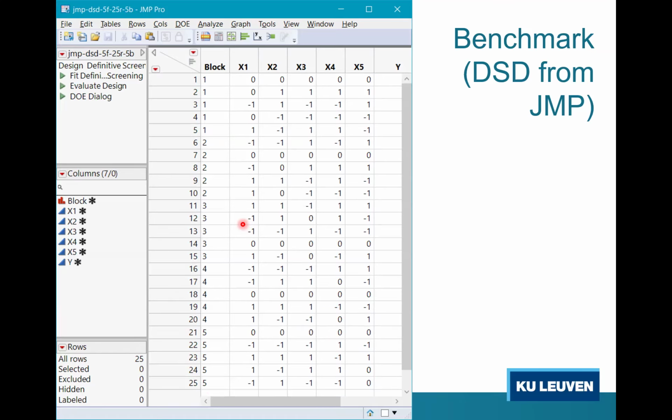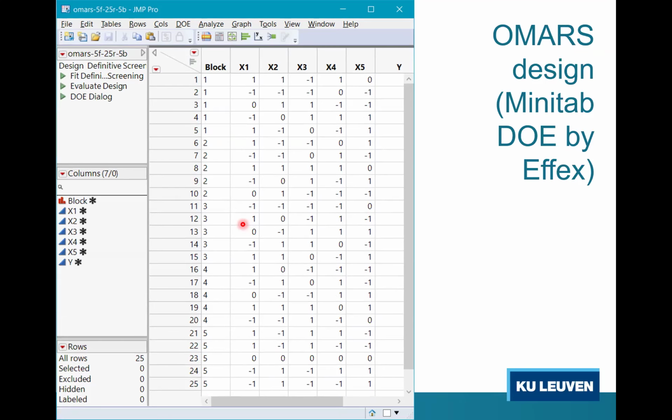Now we picked the best possible OMARS designs that we had in our catalog, and we subdivided our catalogs also in 5 sets of 5 tests. So here you can again recognize the subdivision in 5 groups of 5, in the jargon, 5 blocks of 5 tests.